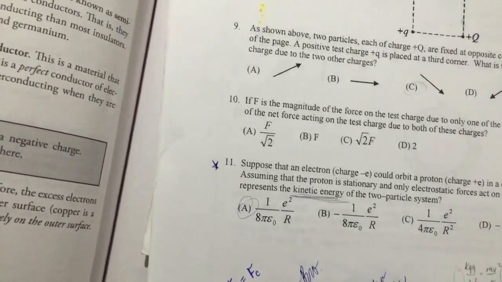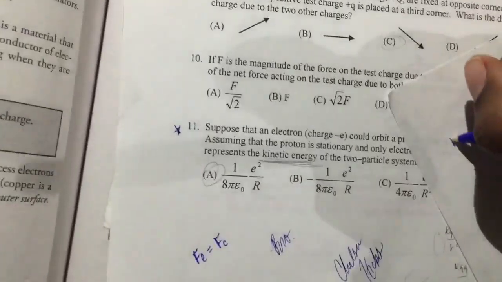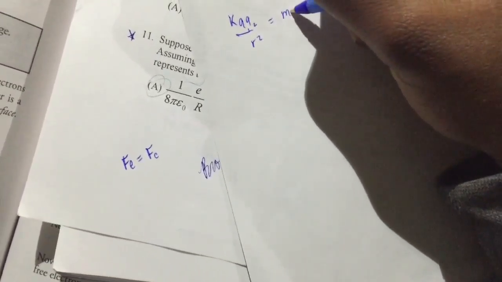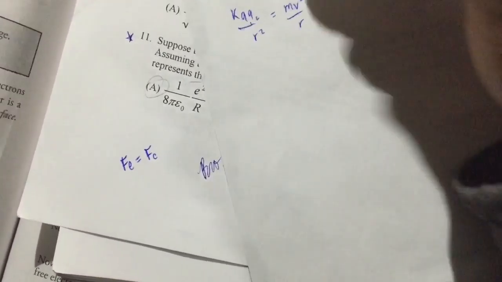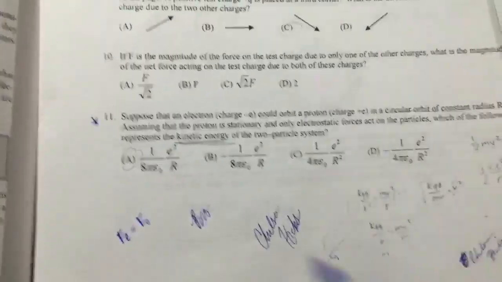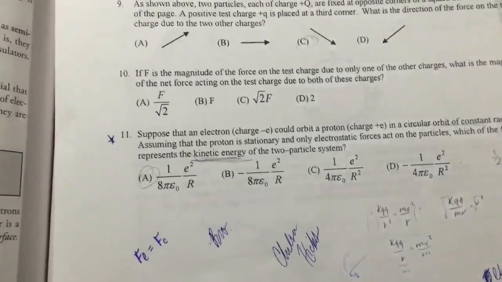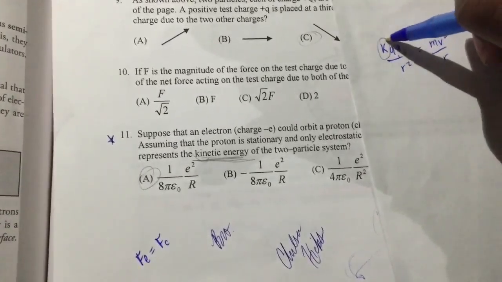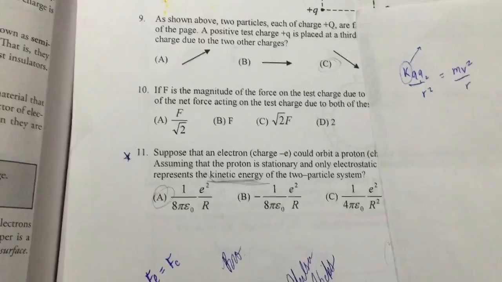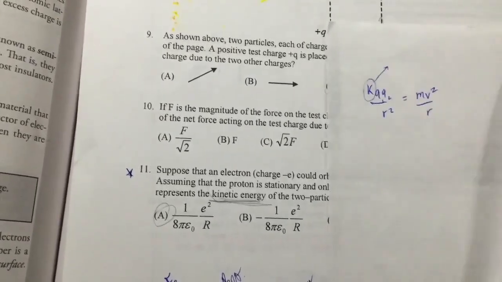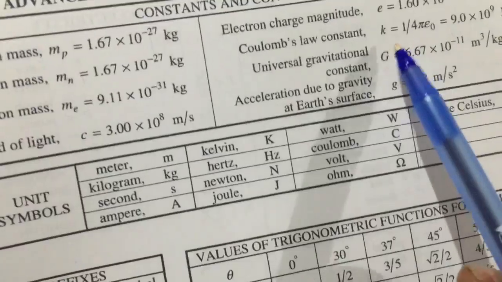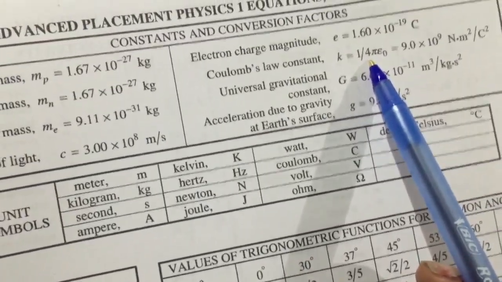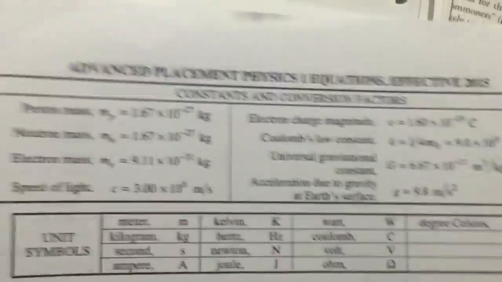So K Q1 Q2 over the radius squared equals mv squared over r. Looking at the answer choices, you would have to substitute K later on with its constant value, the Coulomb's law constant, which is 1 over 4 pi epsilon.